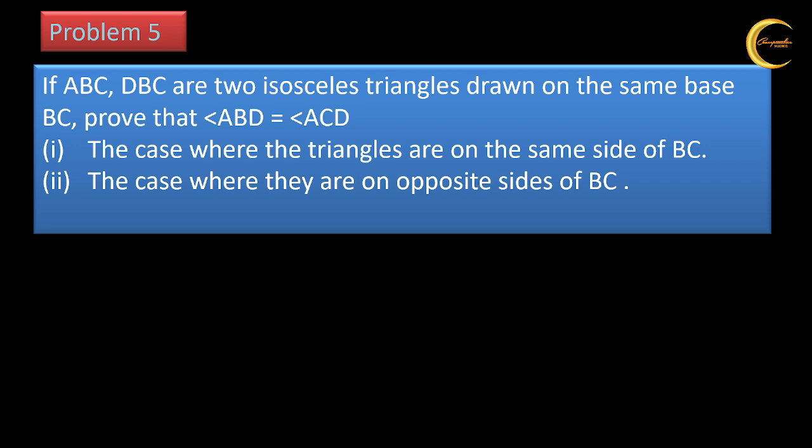If you don't understand these things, please watch my other video related to the concept of theorem 4. Then you can easily understand how two triangles are equal in all respect.